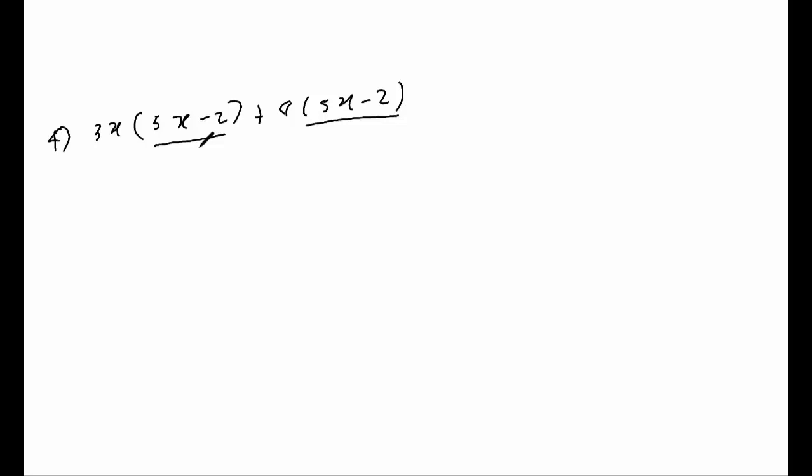So like we did before, we can factor them out. 5x minus 2, and then the parts that we have left over, we can put in another bracket, 3x plus 4, and there we have it. We have factored this particular expression.